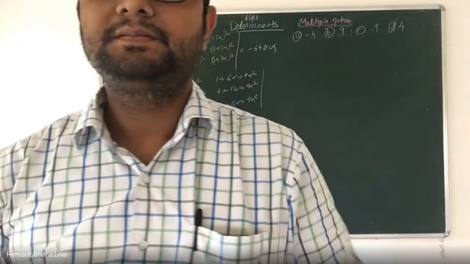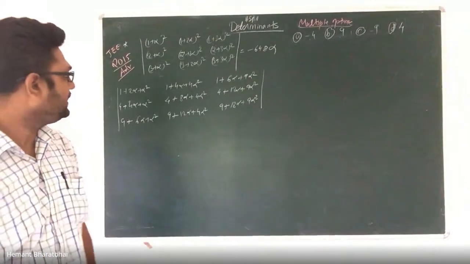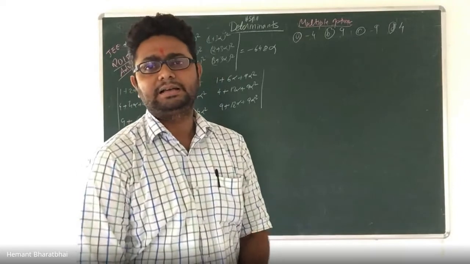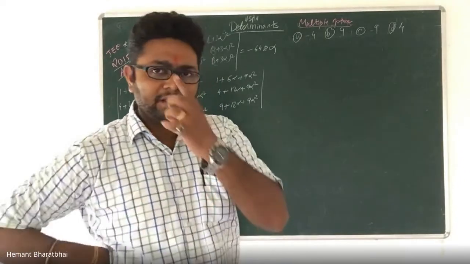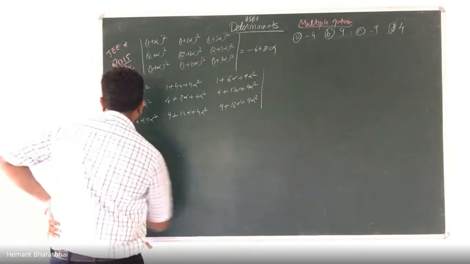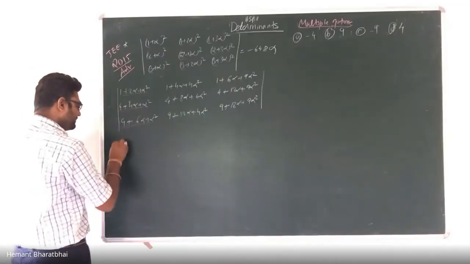Now, we have seen one property also: we can write the determinant as a sum of two or more determinants. I can try that. Because all the terms are expressed in terms of three parts, I can write three determinants.